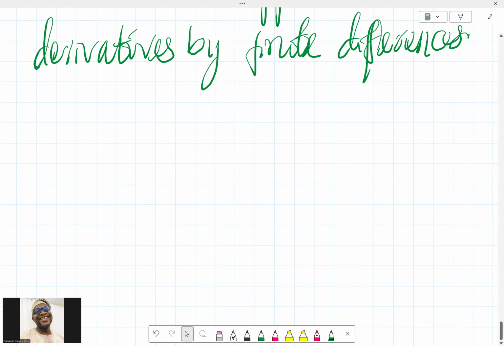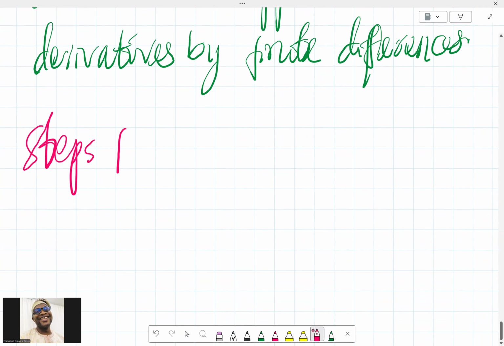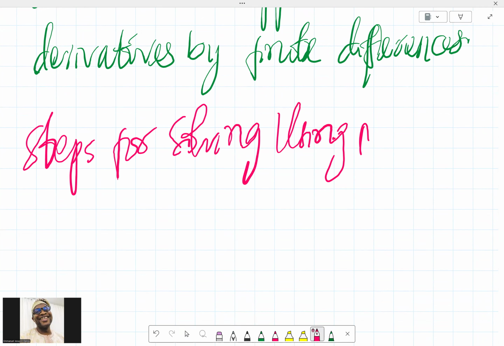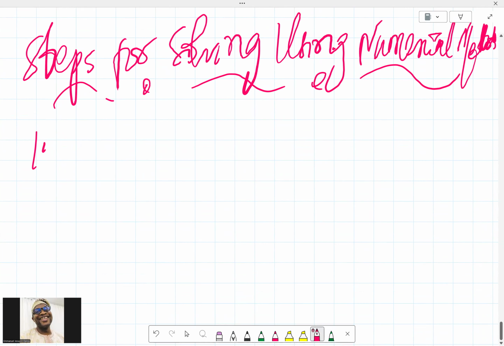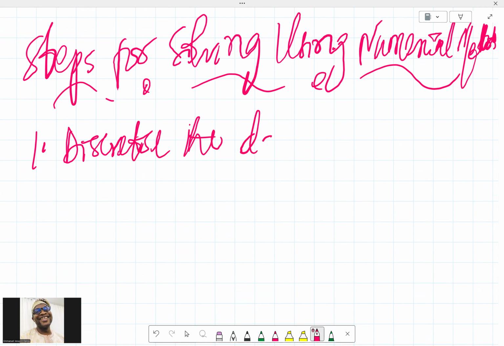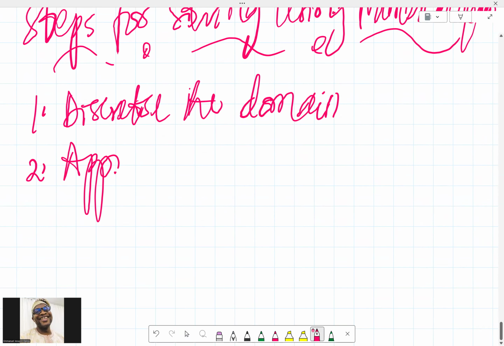So let's talk about steps for solving using numerical methods. The key thing here if you're using the finite difference method is discretization. So the first step is to discretize the domain. What that means is that you divide the domain into a grid with discrete values of x and y. Number two, you approximate the derivatives.